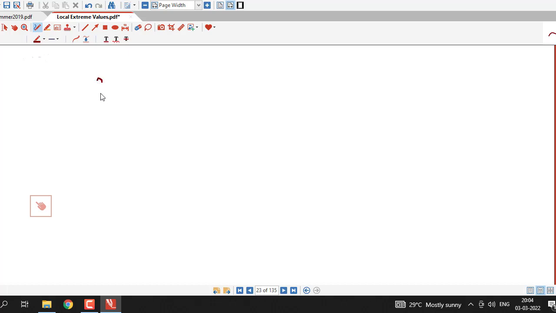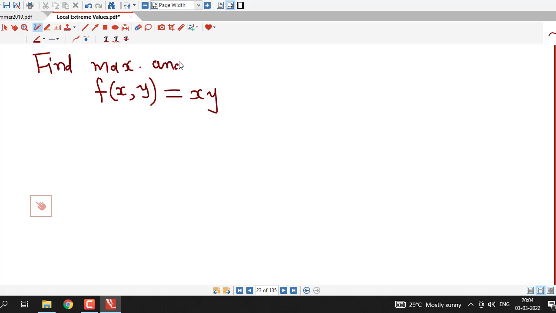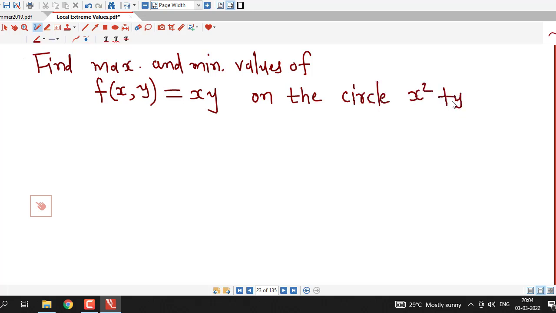For example, suppose we want to find the maximum and minimum values of f(x,y) equal to xy on the circle x square plus y square equal to 9.